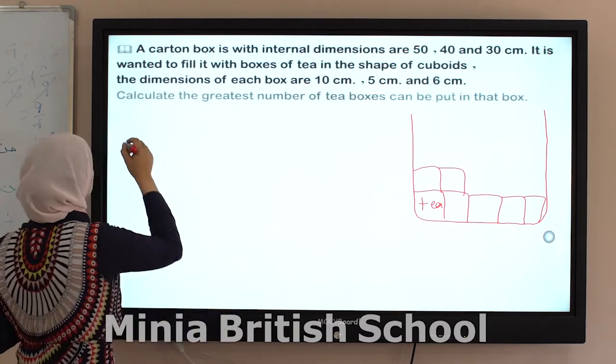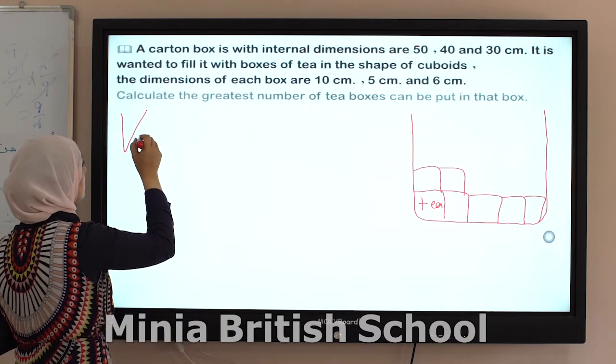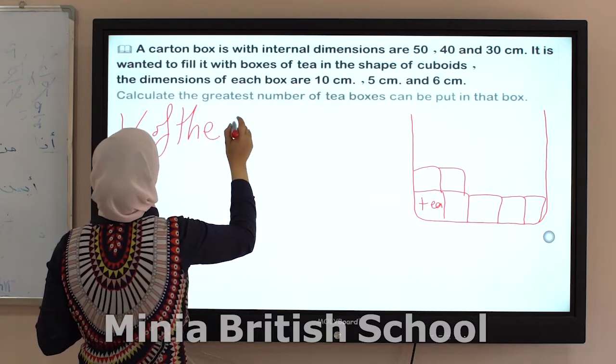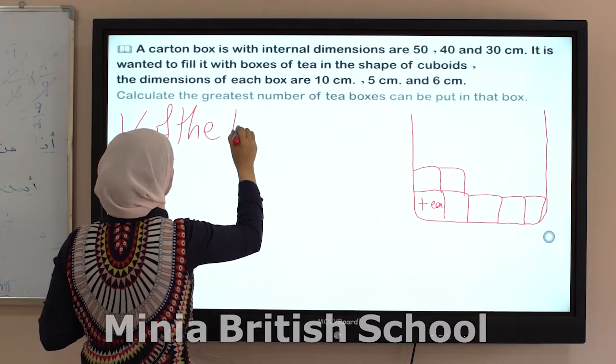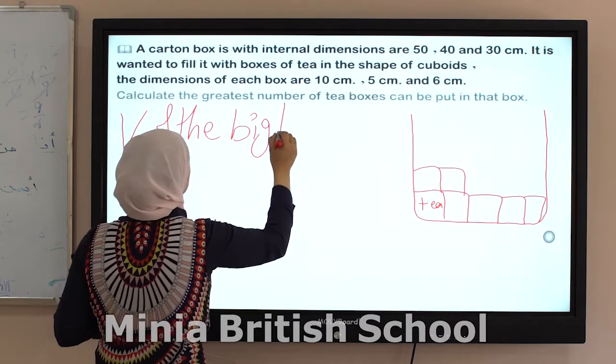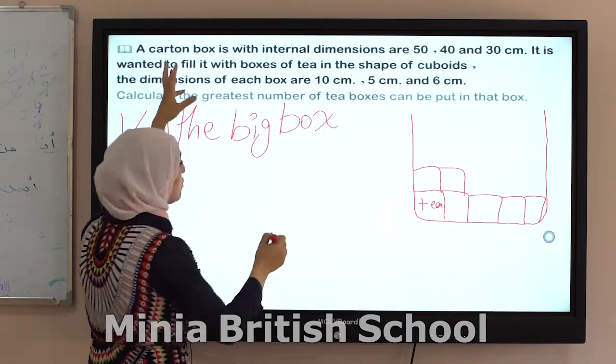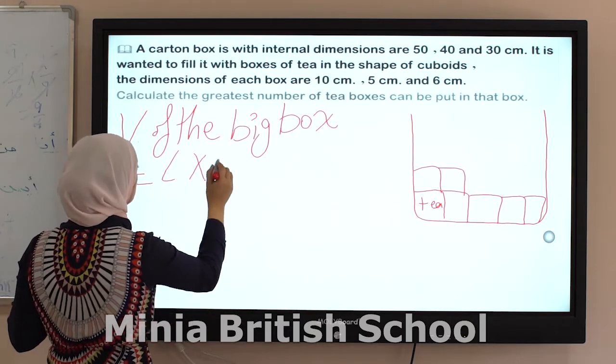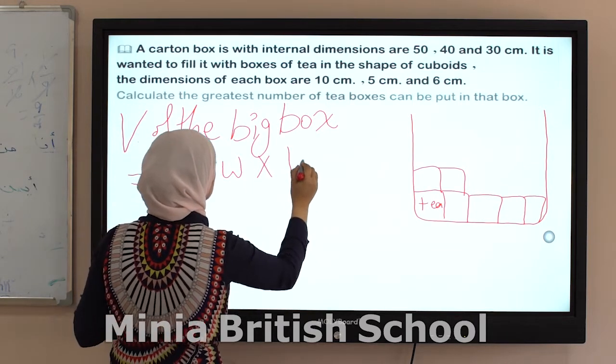So here I write the volume of the carton or the big box. I can write the carton box or the big box equals length times width times height.